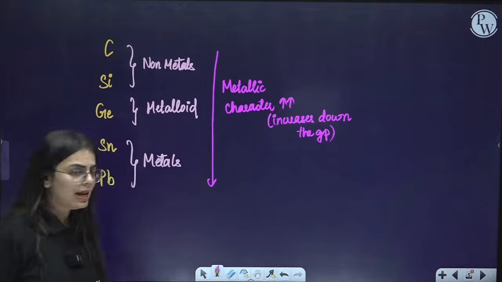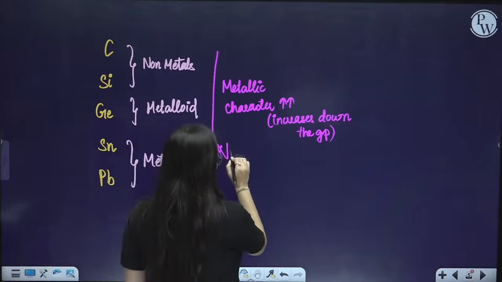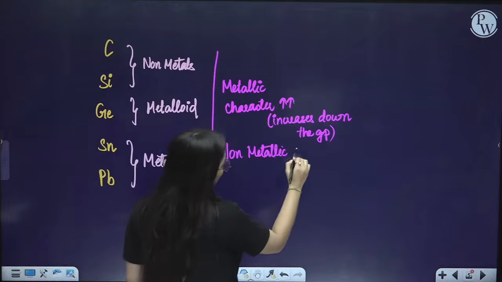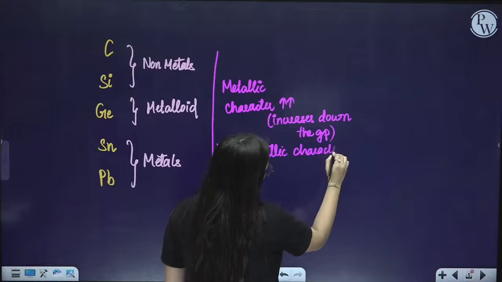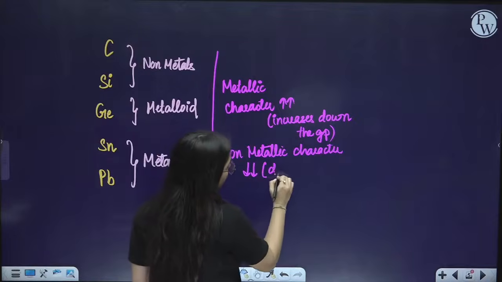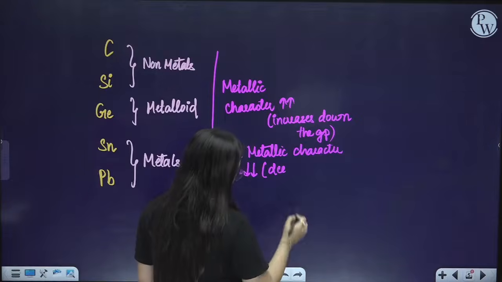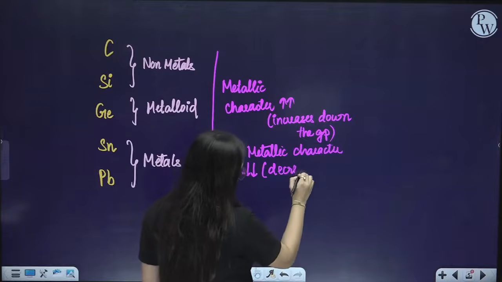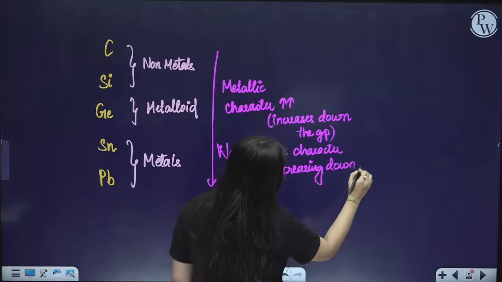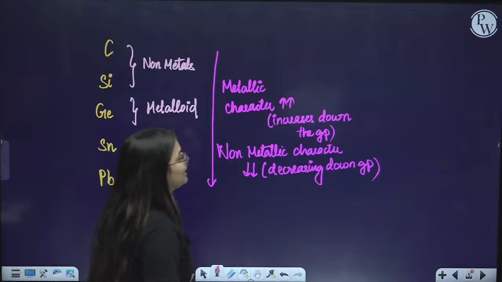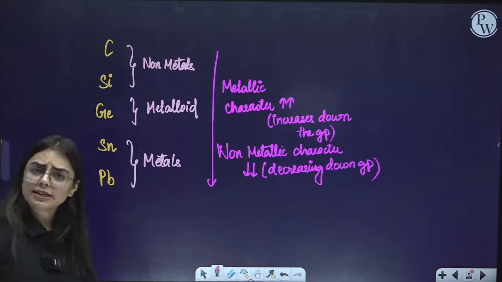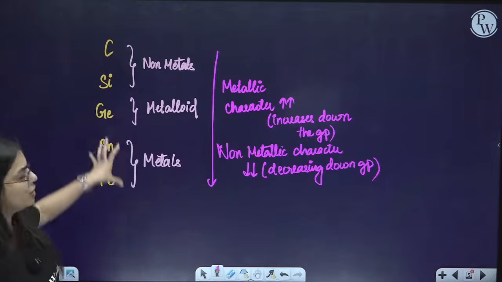Very easy part, right? What about non-metallic character, ma'am? Non-metallic character is basically decreasing. Non-metallic character is decreasing down the group, metallic character is increasing down the group. Very simple part, very easy part, you can clearly observe it.